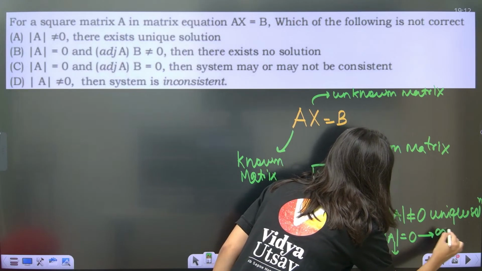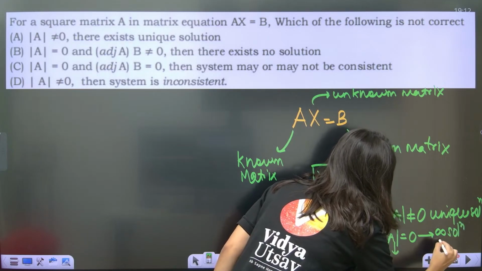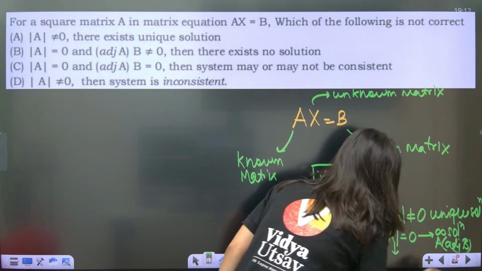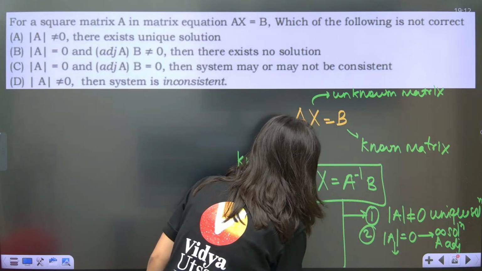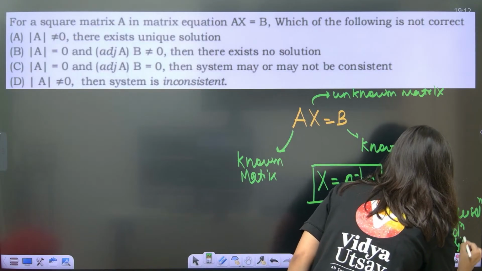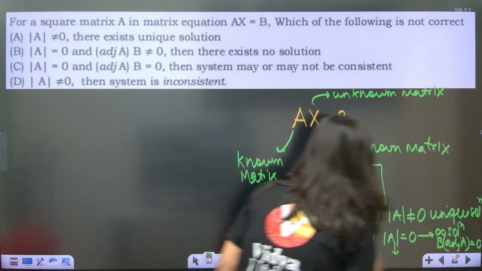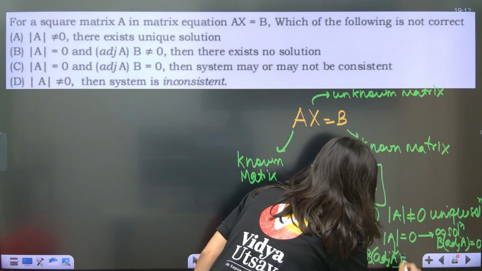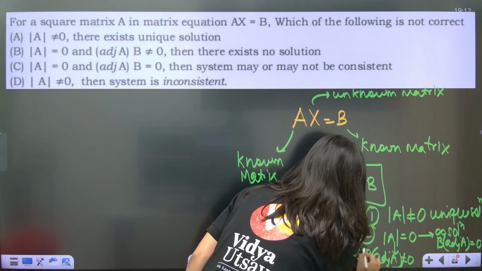First one is infinite solution, when B into adjoint A is also 0. If B into adjoint A is non-zero, then it is going to be no solution.